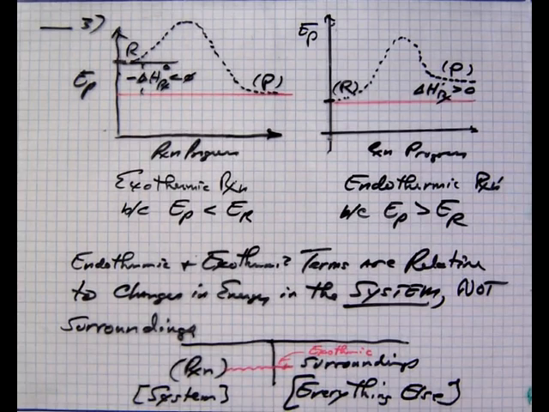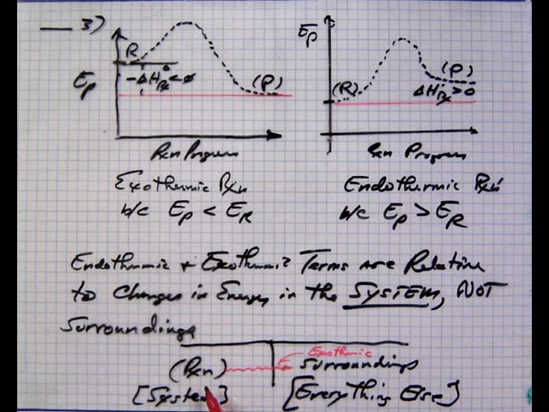Now here's what I'm trying to say to you. When we use the terms endothermic and exothermic generically, there's no relative indication, but in your mind you should understand, in the world of science, it refers to the reaction. Because if you look at the surroundings, it's endothermic to the surroundings. And so we can't call this an endothermic process. It's endothermic to the surroundings.